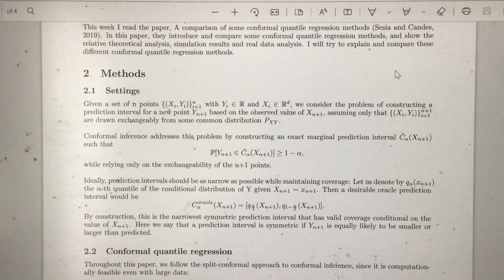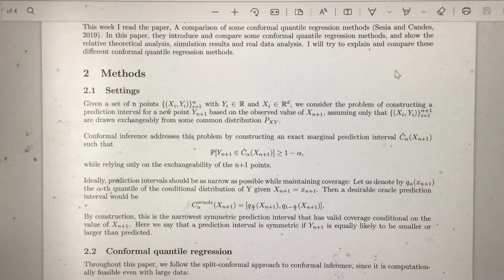Here they also explain what symmetric means. A prediction interval is symmetric if yn+1 is equally likely to be smaller or larger than the predicted interval. Okay, so these are the basic settings.